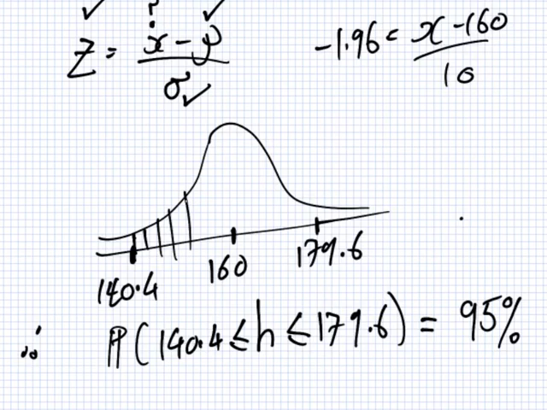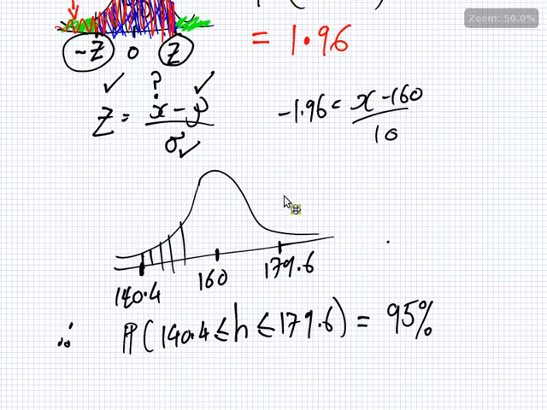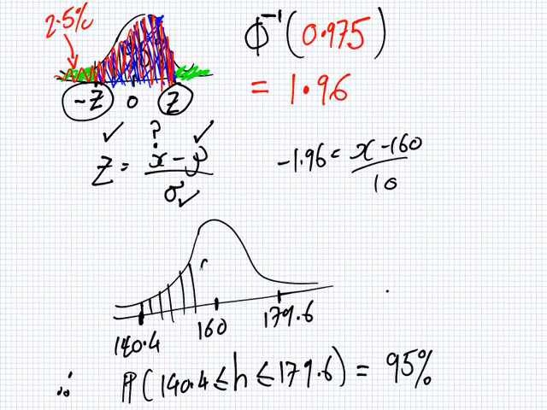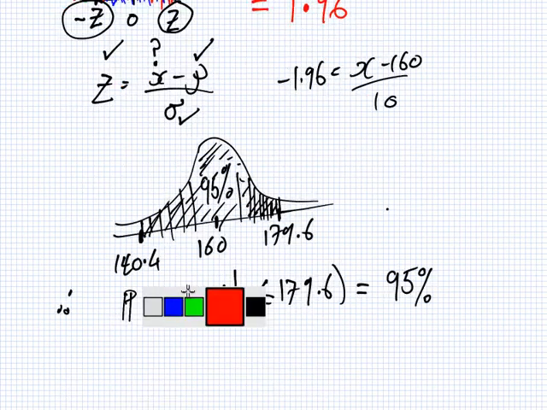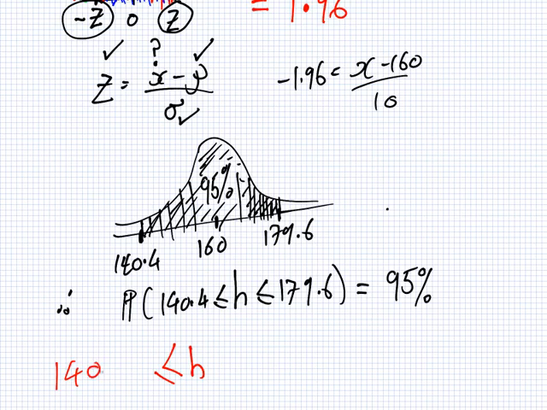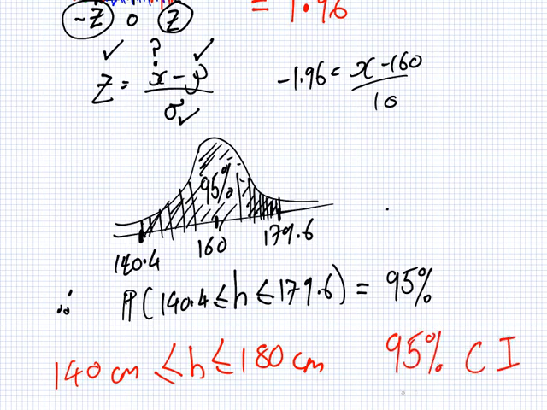Could you zoom out and leave this, please? So this area in here, that's 95%. So this here, from 140 centimeters to about 180 centimeters, this is called the 95% confidence interval.